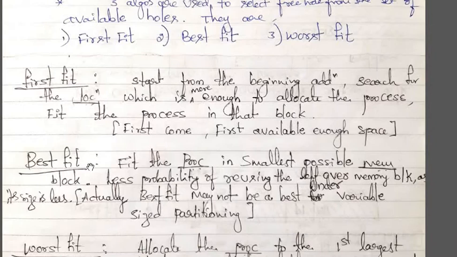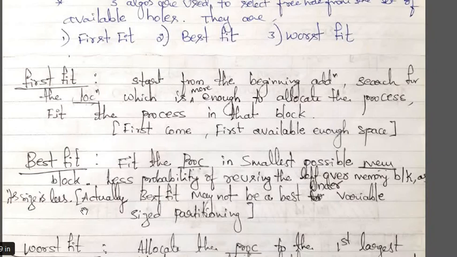The next thing is best fit. Best fit is nothing but fitting the process in the smallest possible memory block. Instead of fitting the process in the first available memory space or block, we always check for the smallest possible memory block out of the available blocks, so that the leftover memory block will be smaller.